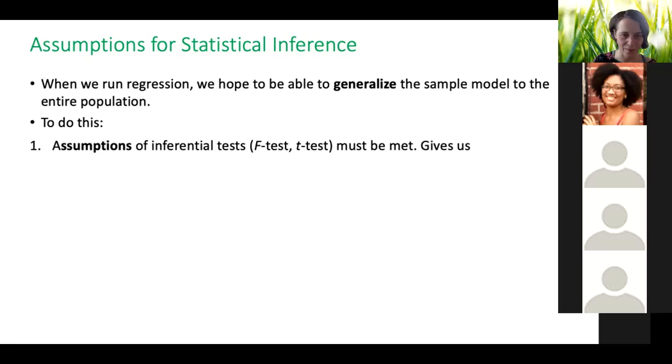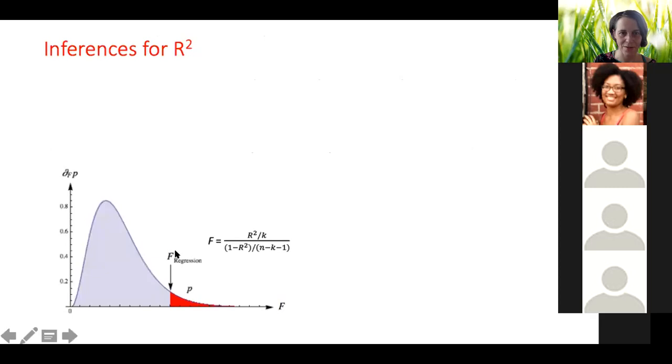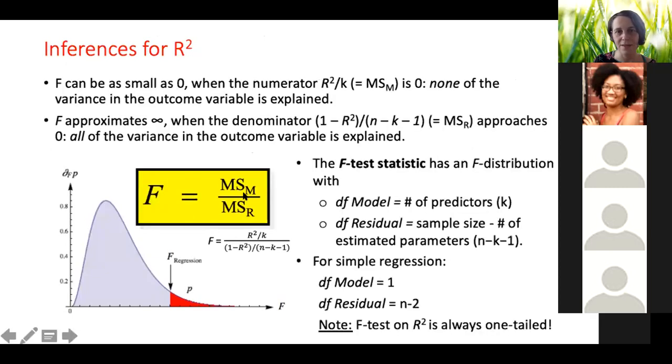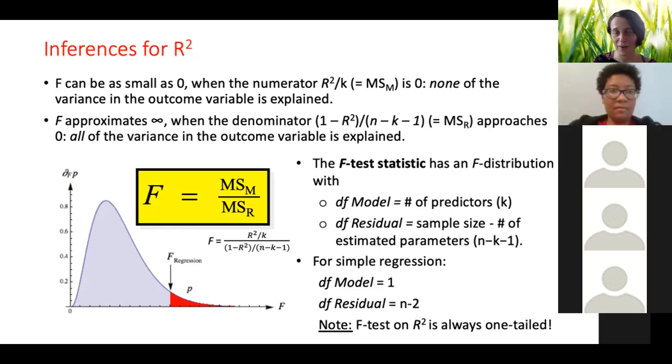Going back to this one slide, our F statistic was just the mean sum of squares for our model, that is, the variability in our outcome variable that can be explained by the predictor, for example the college GPA scores explained by high school GPA.